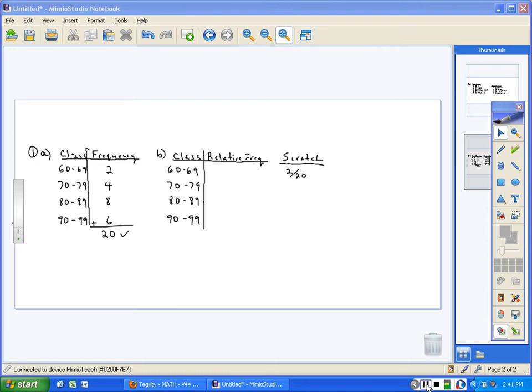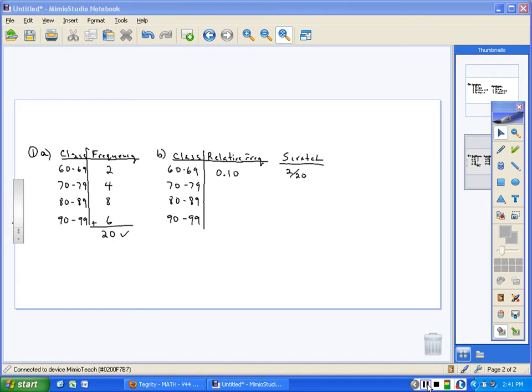So 2 divided by 20 comes out to be 0.1. I just went to 2 decimal places here, so we're going to call that 0.10. If you have a lot of rounding to do, 3 decimal places are better, but this one comes out nice and even because of the 20 in the denominator.